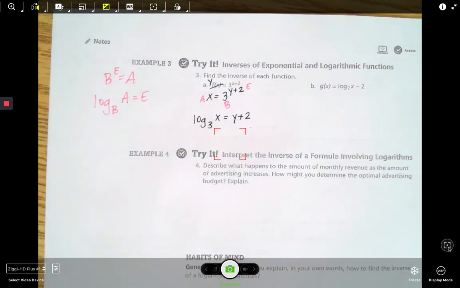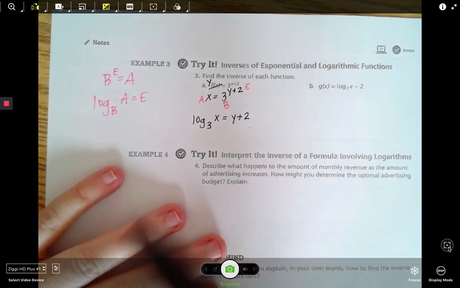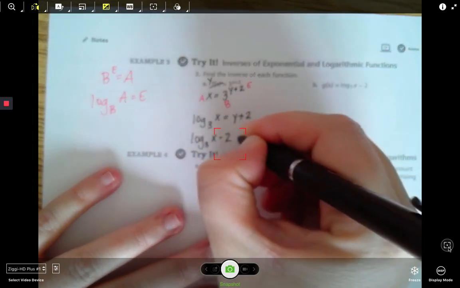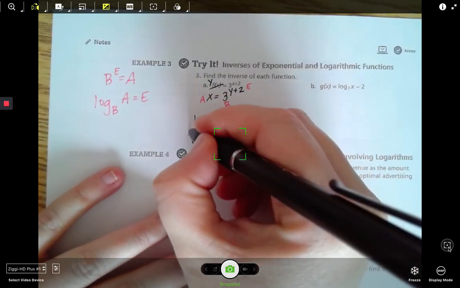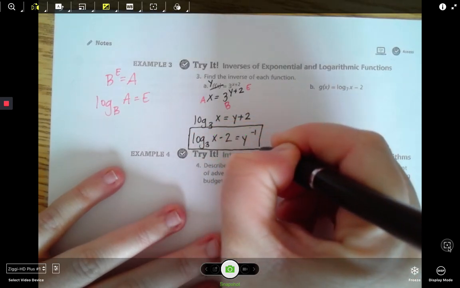Well, how would I get y by itself? I would subtract 2, wouldn't I? So now I've got log base 3 of x minus 2 is equal to the inverse of y. So our inverse equation is log base 3 of x minus 2.